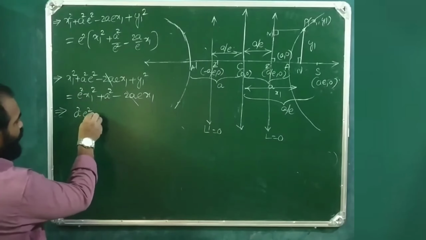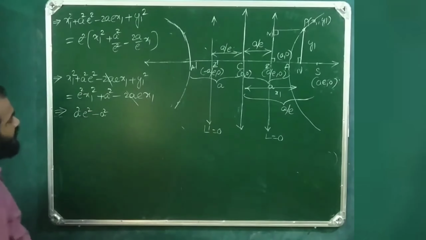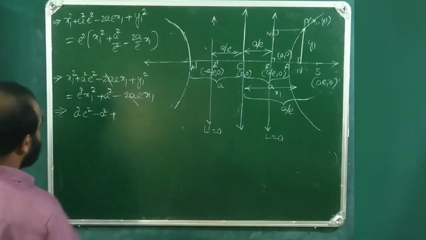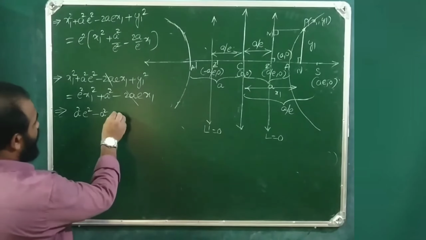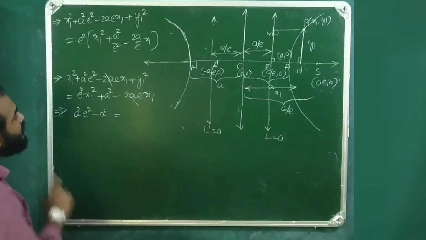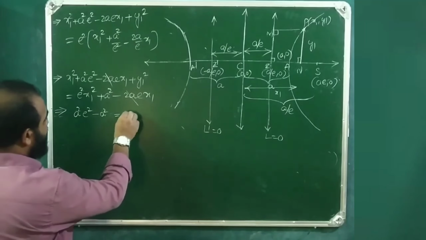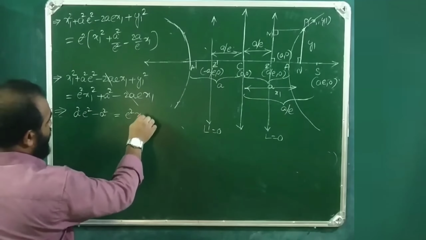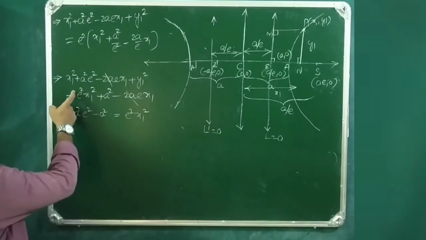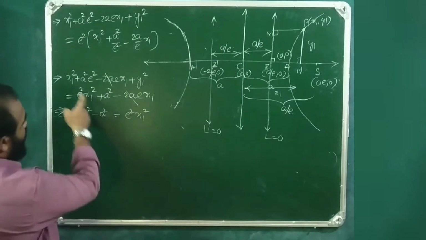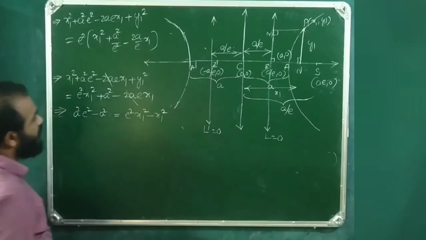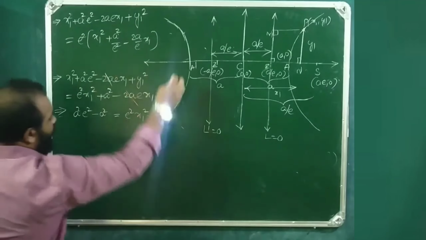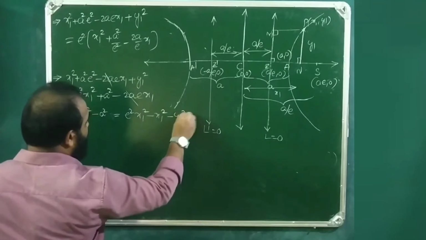plus A square, if you transpose onto this side, minus A square plus, is equal to this is E square x1 square, E square x1 square, this plus x1 square, if you transpose onto this side, minus x1 square, this plus y1 square, if you transpose onto another side, minus y1 square.